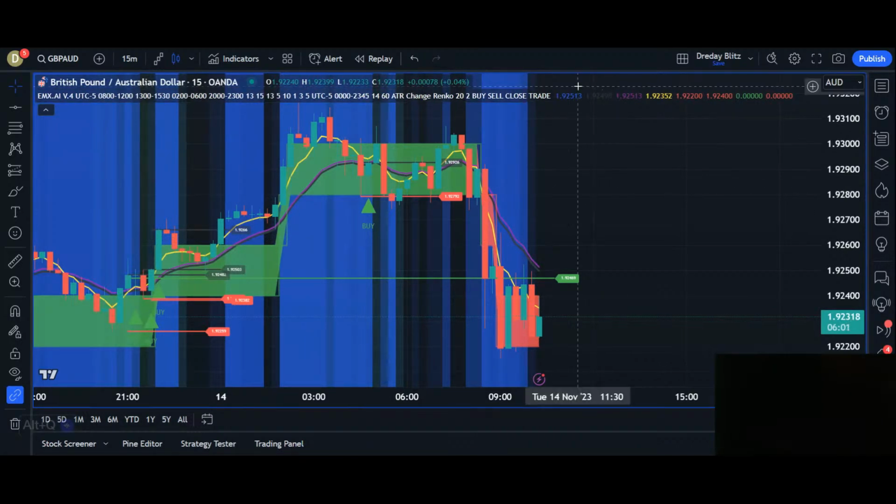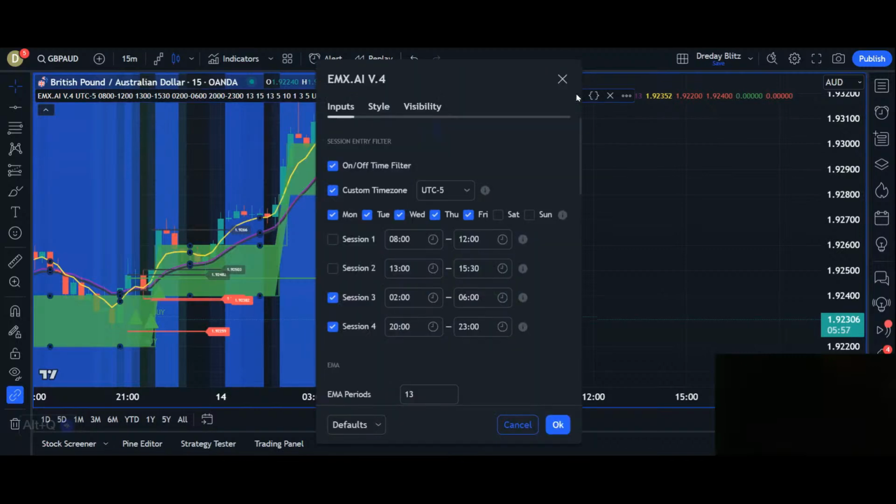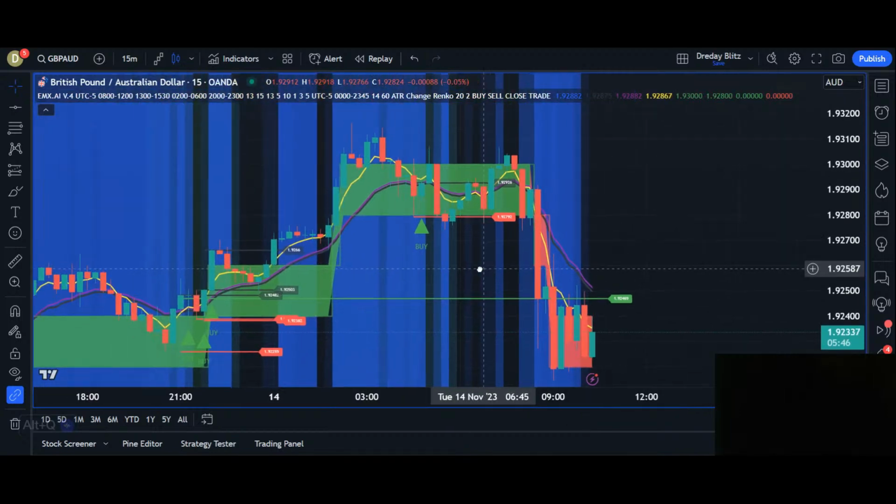And GBP AUD is Australian and London, so that's perfect. Basically I always put Asian and London session for those two.